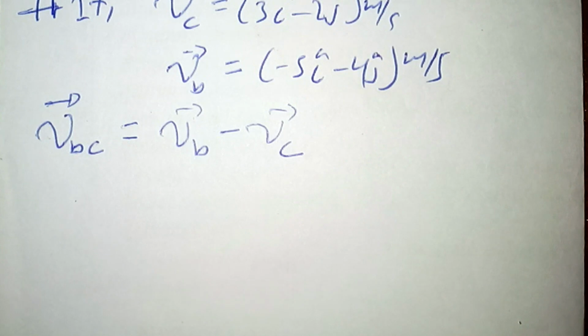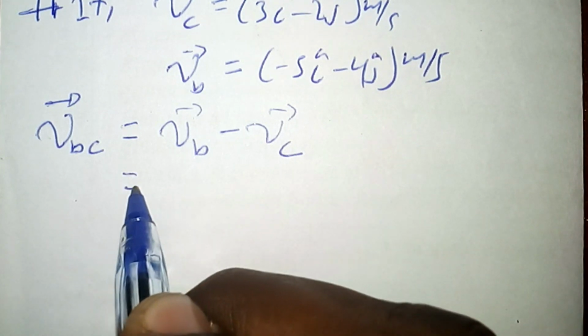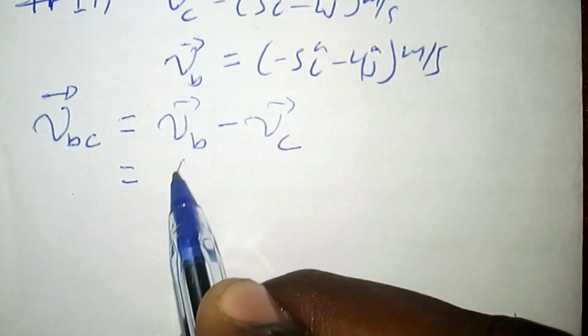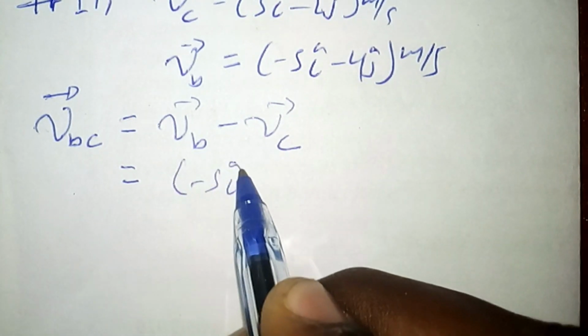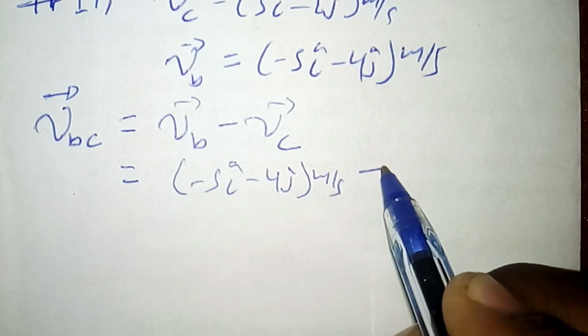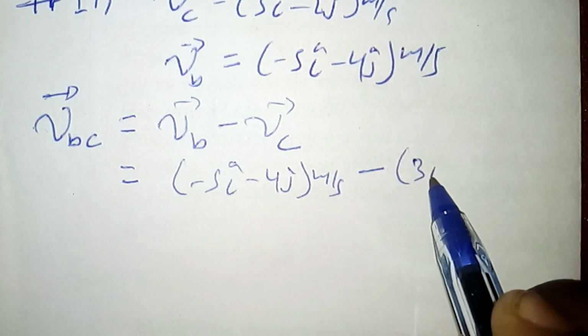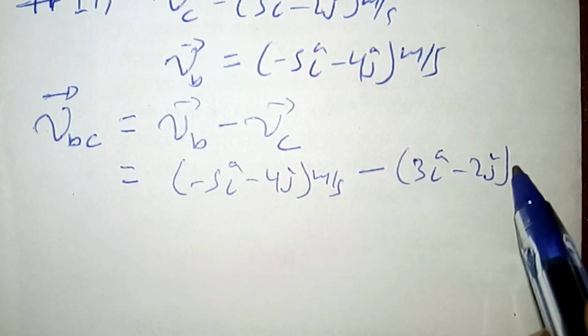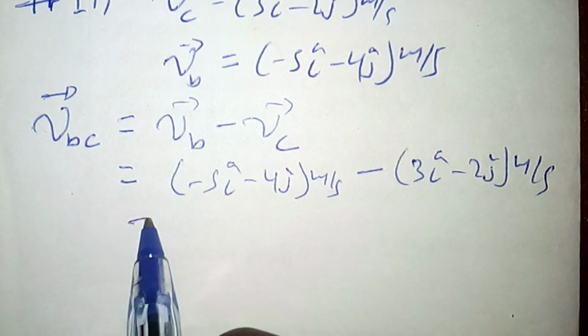The relative velocity is always the vector difference of the two velocities. So the velocity of the bus is minus 5i minus 4j meter per second, minus the velocity of the car, which is 3i minus 2j meter per second.